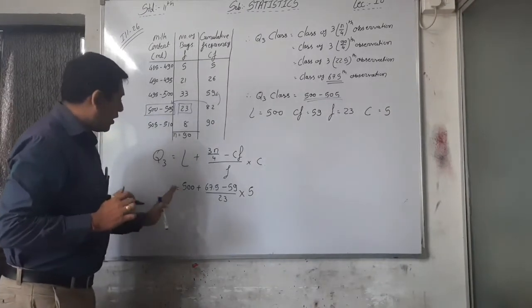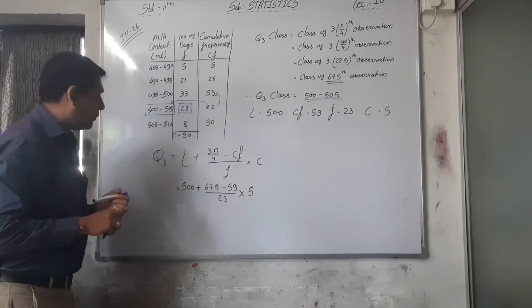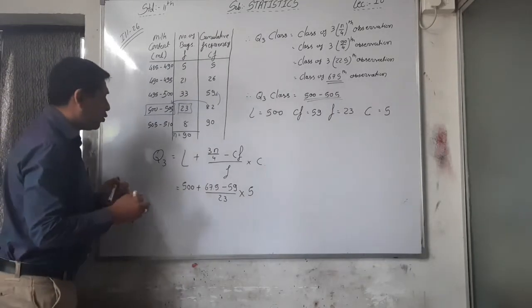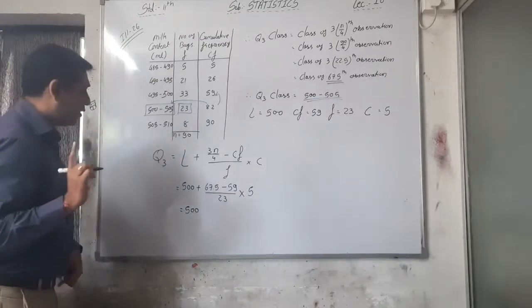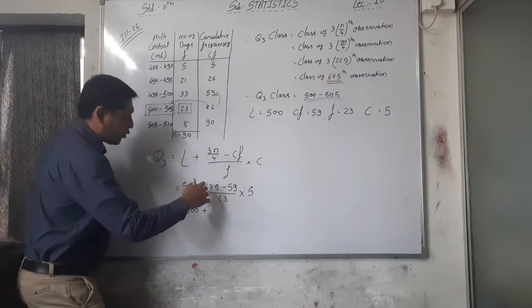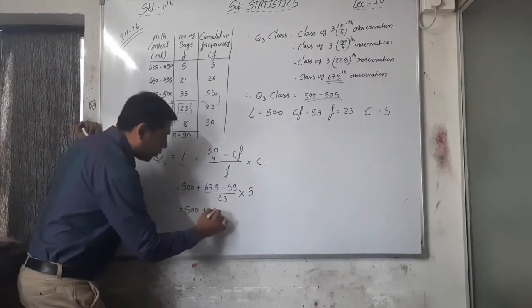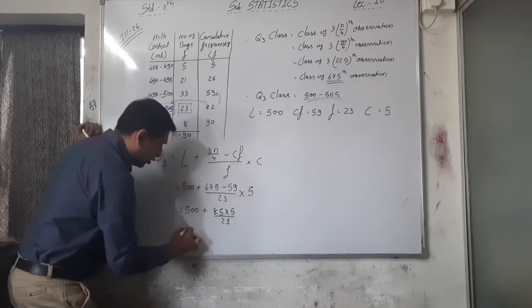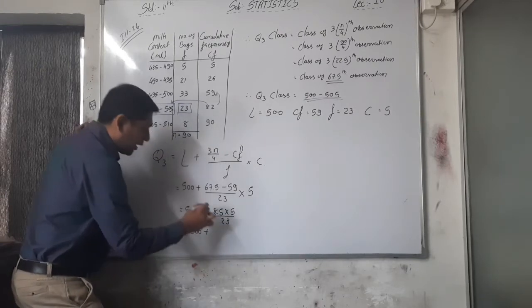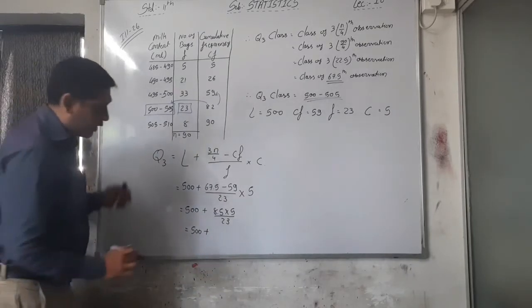Please be careful here: you don't have to add the 500 first. First open the bracket, 67.5 minus 59 is 8.5, then multiply with 5, that is 42.5, then divide with 23.